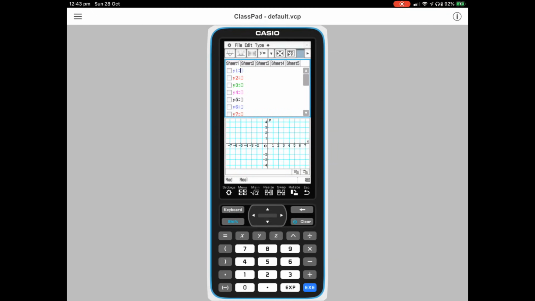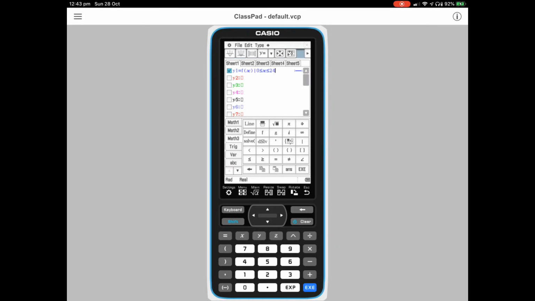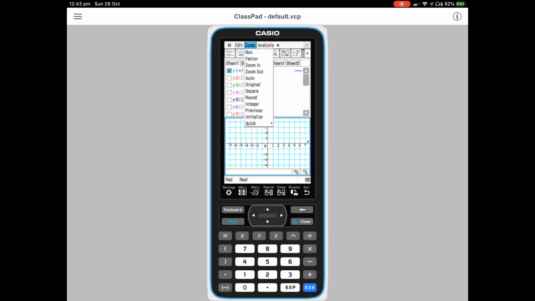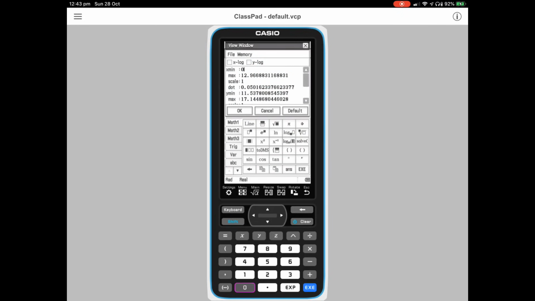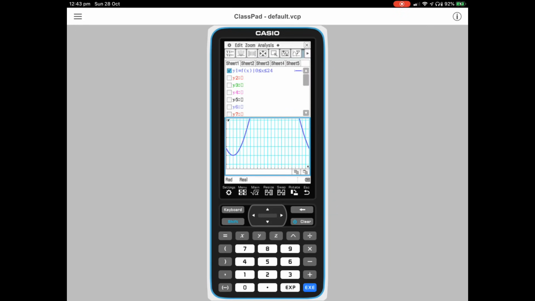Let's just go in and draw our graph. F of x. Actually, we could have just used that from that side. So given 0 is less than or equal to x, which is less than or equal to 24. Zoom auto. Actually, change your domain to go from 0 to 24. And then click OK.